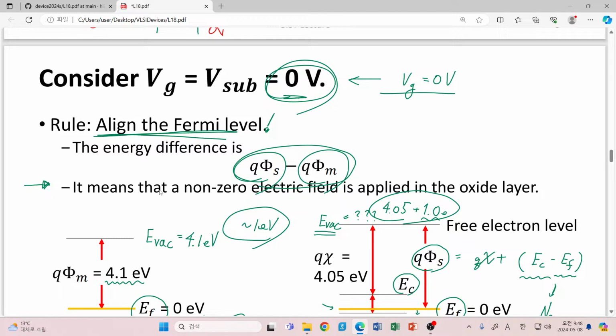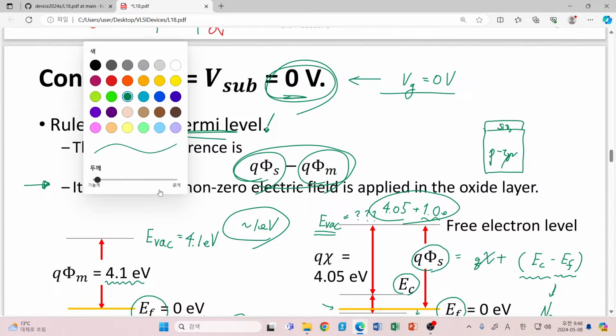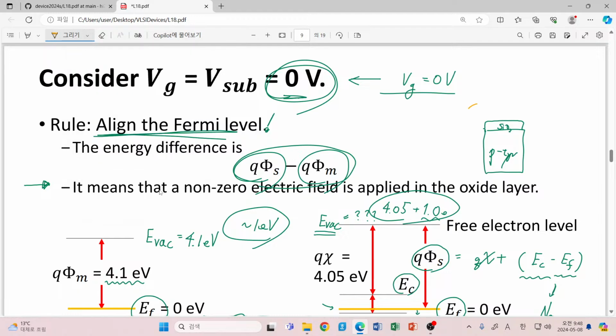So now think about it this way. You have the same p-type material and the same thickness of your oxide layer, and now let's assume that by some means you can select different metals in this gate position. For example, you can introduce a metal corresponding to 4.1 electron volt. Yes, you can do it.